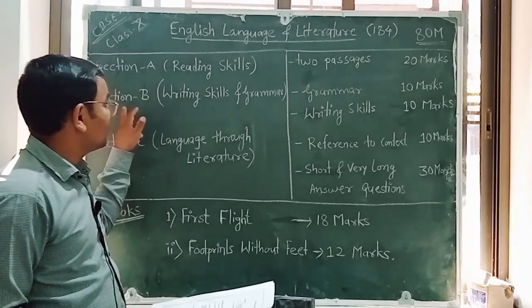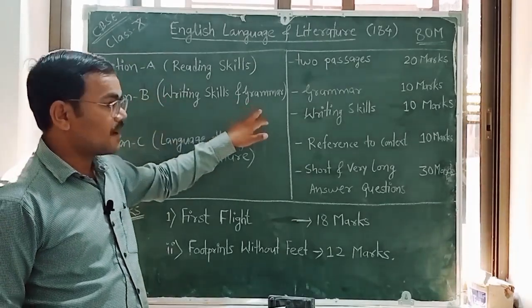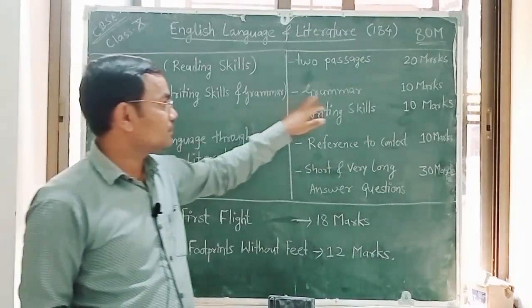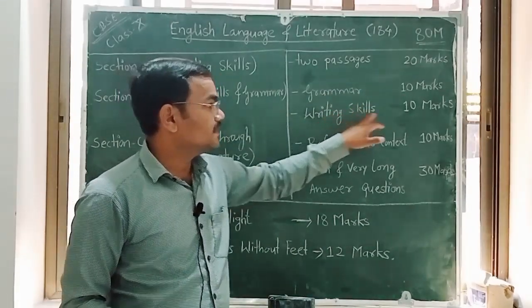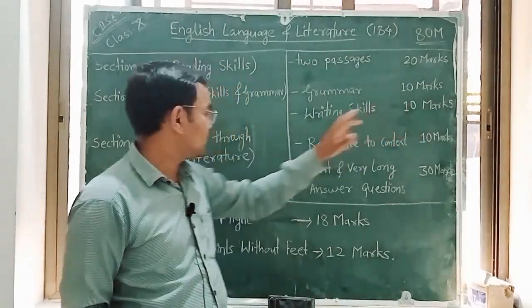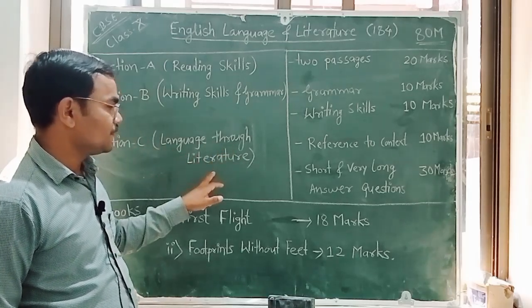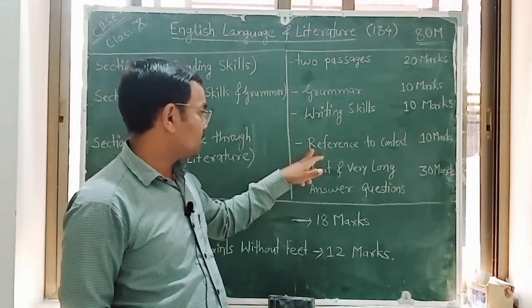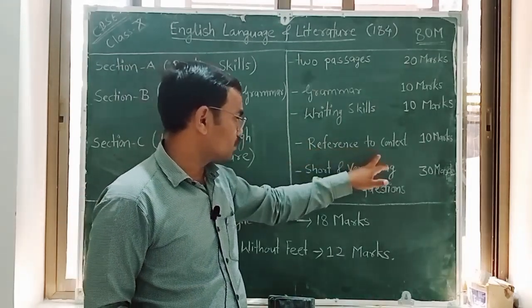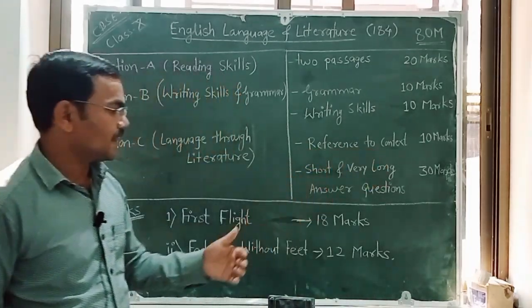Then section B, writing skills and grammar. In that, grammar is of 10 marks and writing skill is of 10 marks. Section C is language through literature. Here you will find questions related with reference to context, and short and very long answer questions.